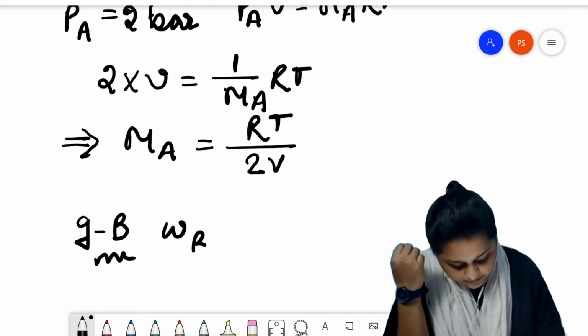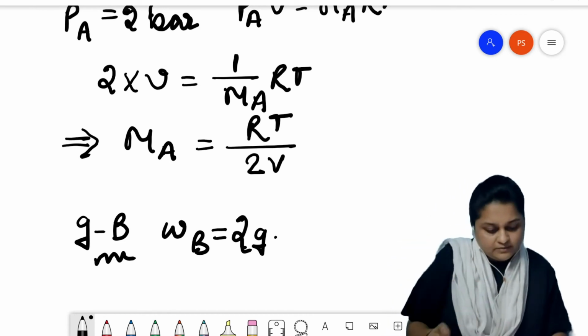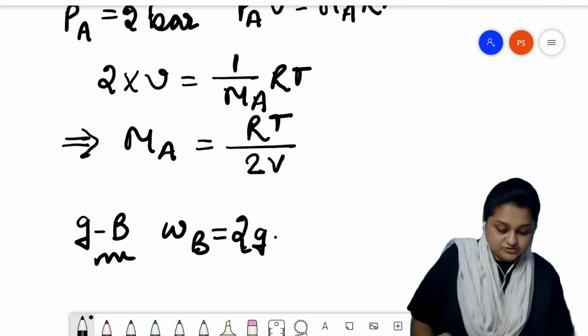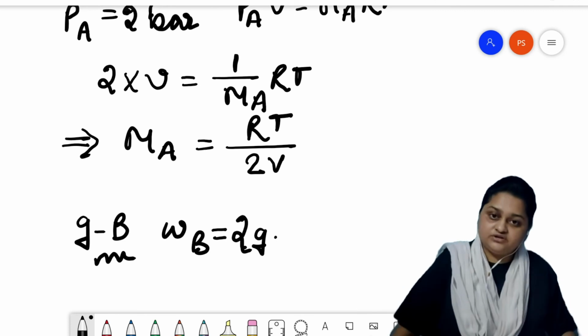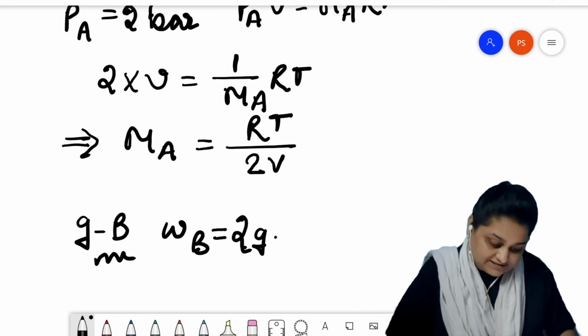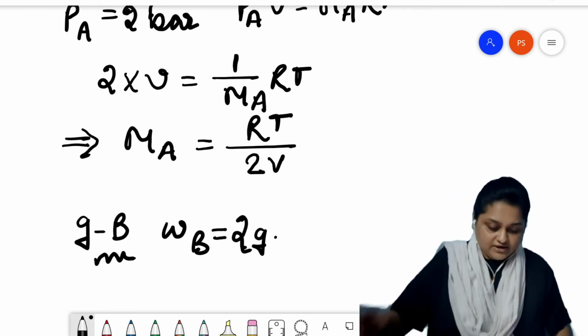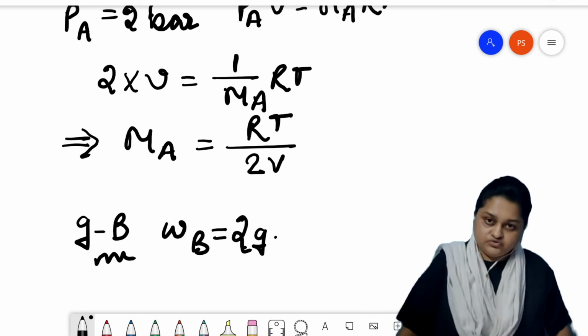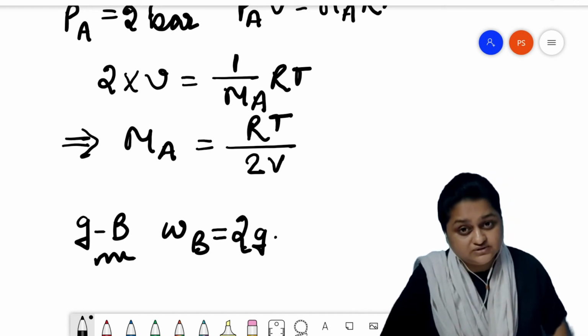In the similar manner, for gas B, the given mass of ideal gas B is 2 gram, and the total pressure after the mixture is formed in the same vessel is 3 bar. So the total pressure is 3 bar of the mixture. The ideal gas A partial pressure is 2 bar, so the partial pressure of ideal gas B is 1 bar.